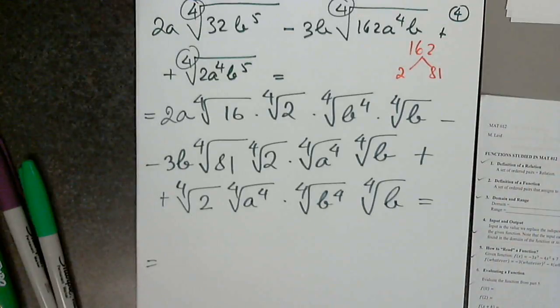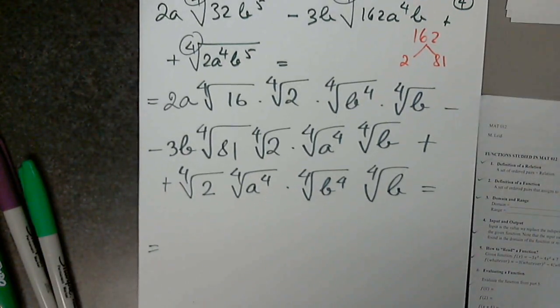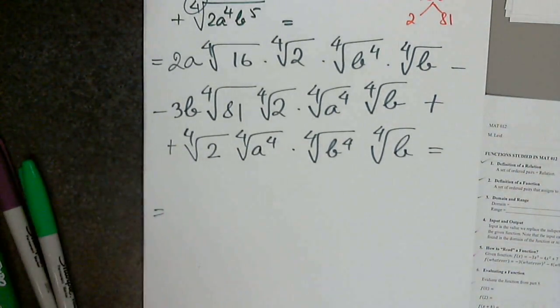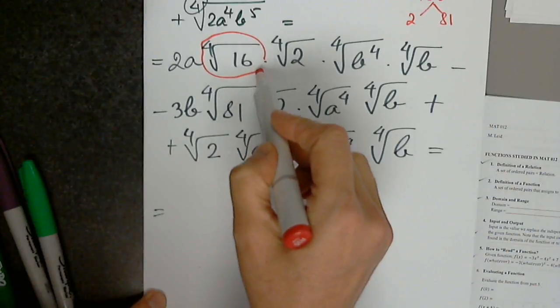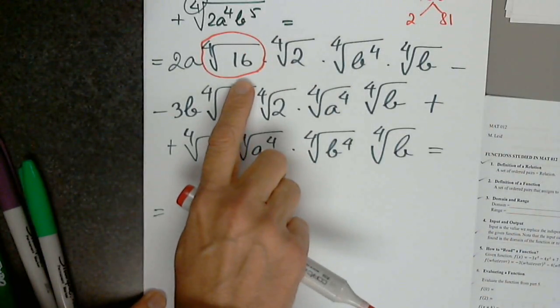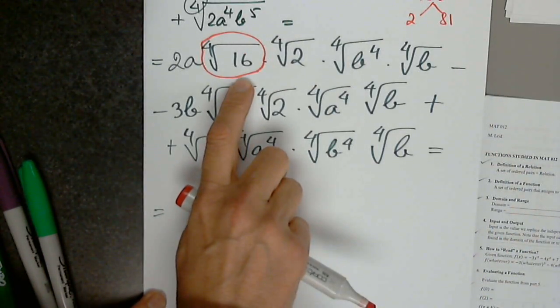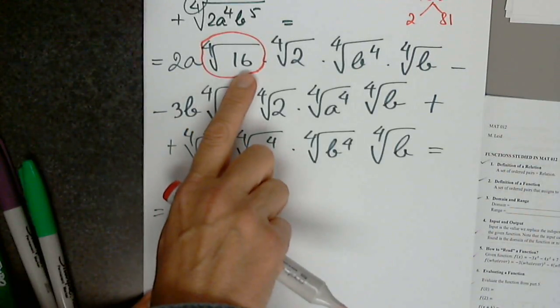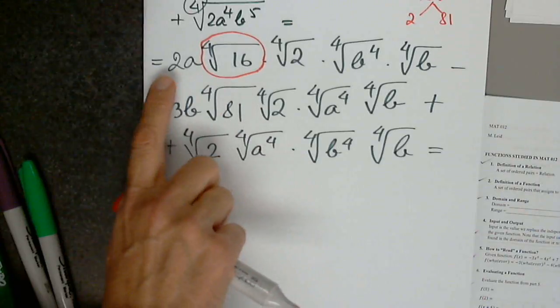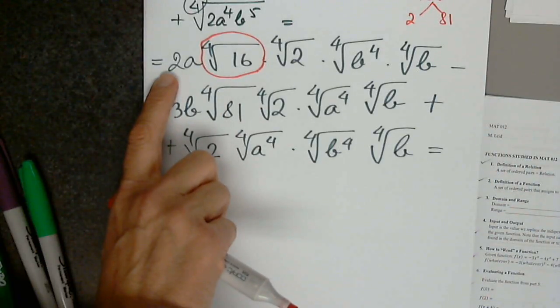Please tell me what is the simplified, or give me the simplified form of the first radical. And careful. What is this? The fourth root of 16. Which number I raised to the fourth power to get 16? 2. But I have to multiply it by 2 in front.